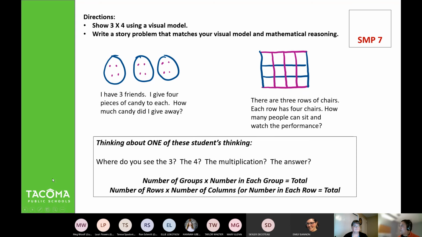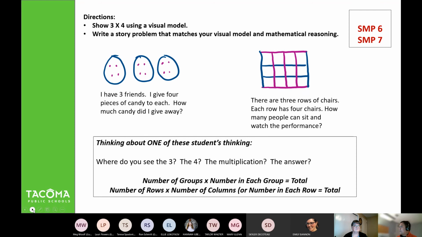So we're looking at what is the structure within the visual that provides some explanation for how the mathematics is at work. Number 6 is around attending to precision and thinking about the circle being the friends, the dot being worth a piece of candy, how we actually arrive at the number 12.